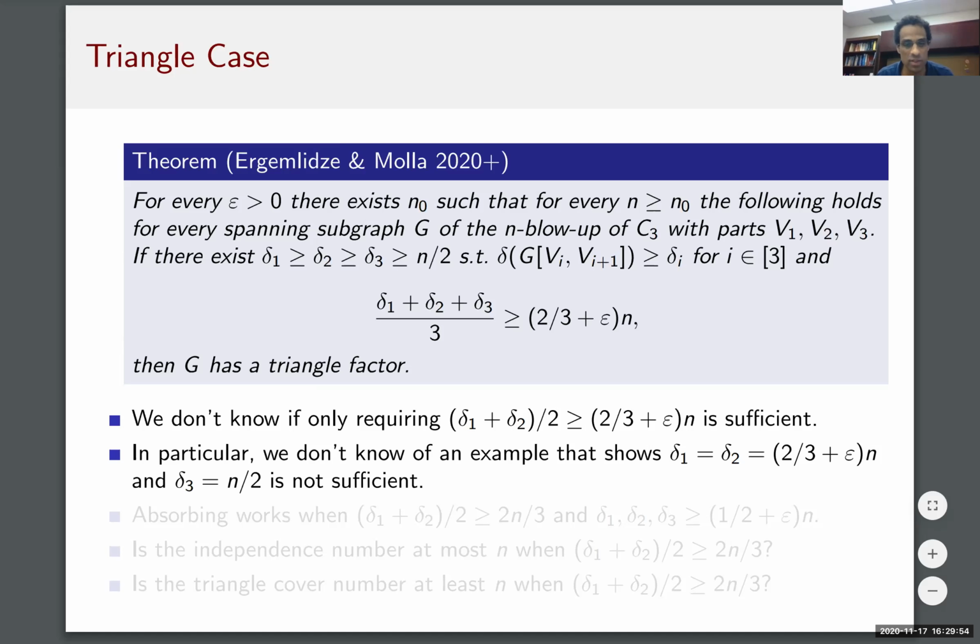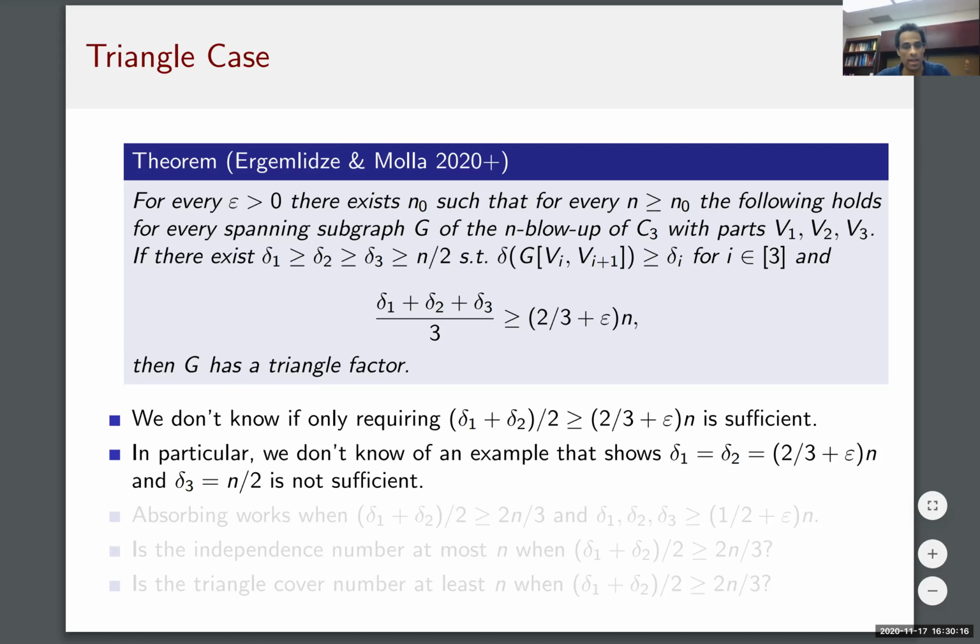That seems kind of strange to me. I'm not sure if it's true or not. We're not ready to make any kind of conjecture, but we weren't able to find an example that shows this isn't enough to get you a triangle factor.